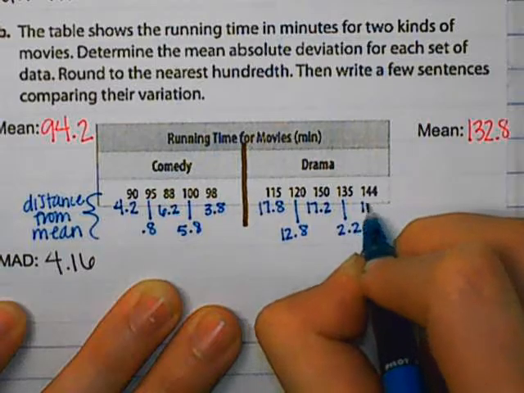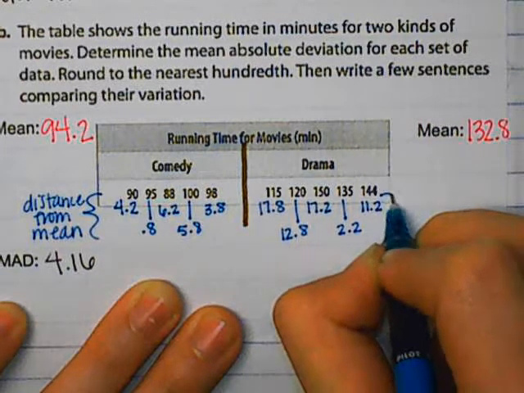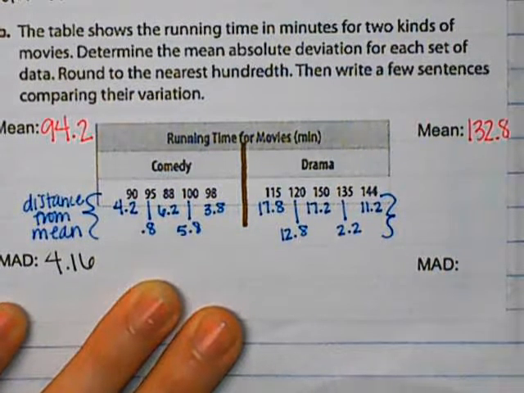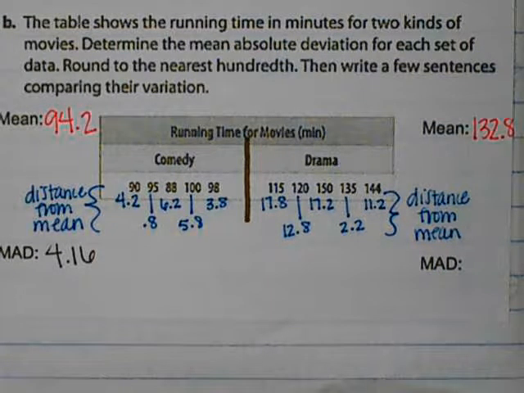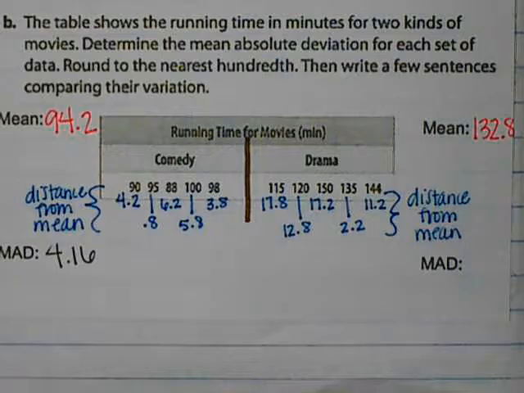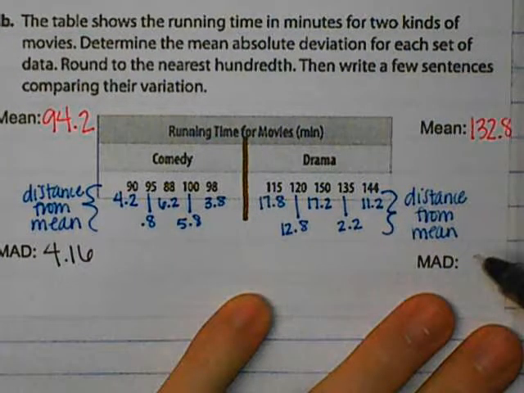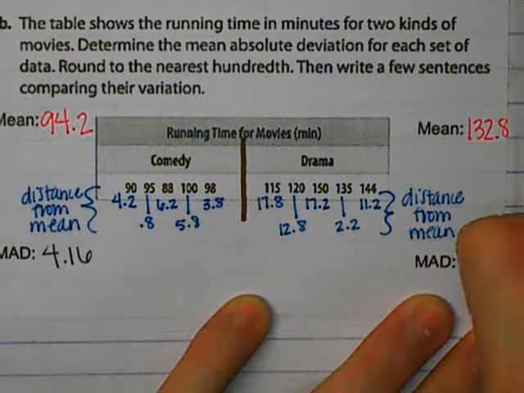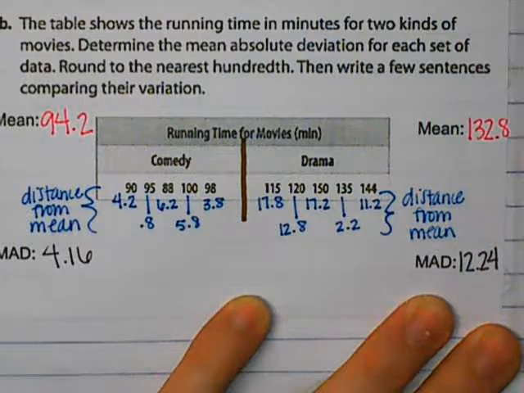And 144 is 11.2 away. So once again, these are our distances from the mean. We're going to take these 5 values, add them up, divide by 5, and we get a mean absolute deviation of 12.24.